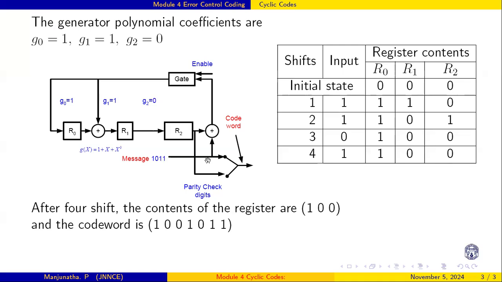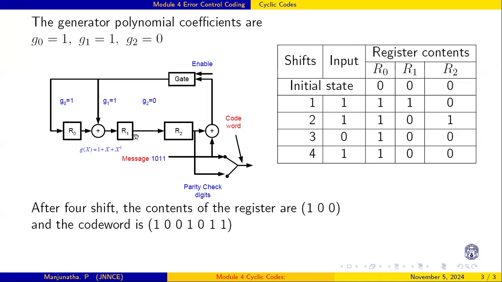When the first bit 1 enters here, earlier all the content of the registers is 0. The 1 and the content of the register, these two are XORed. 1 XOR 0 comes here, and this directly comes and is stored in register R0.